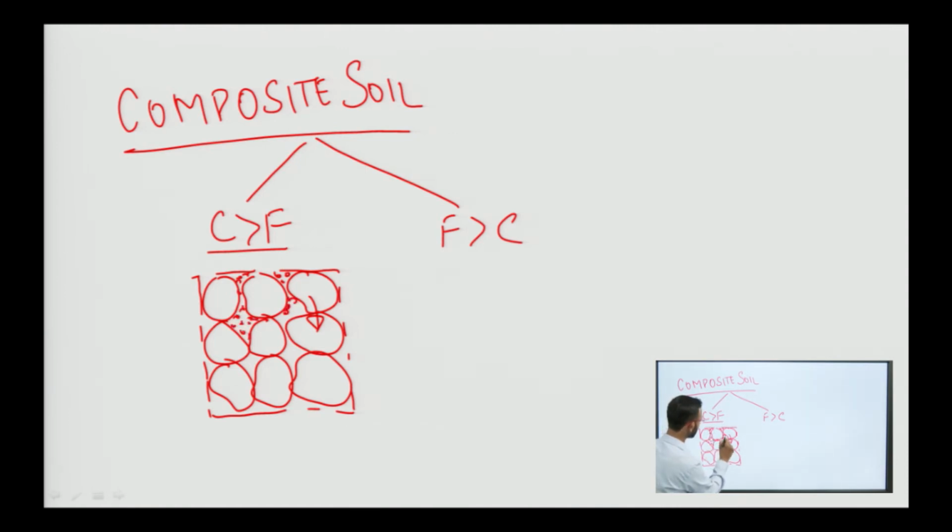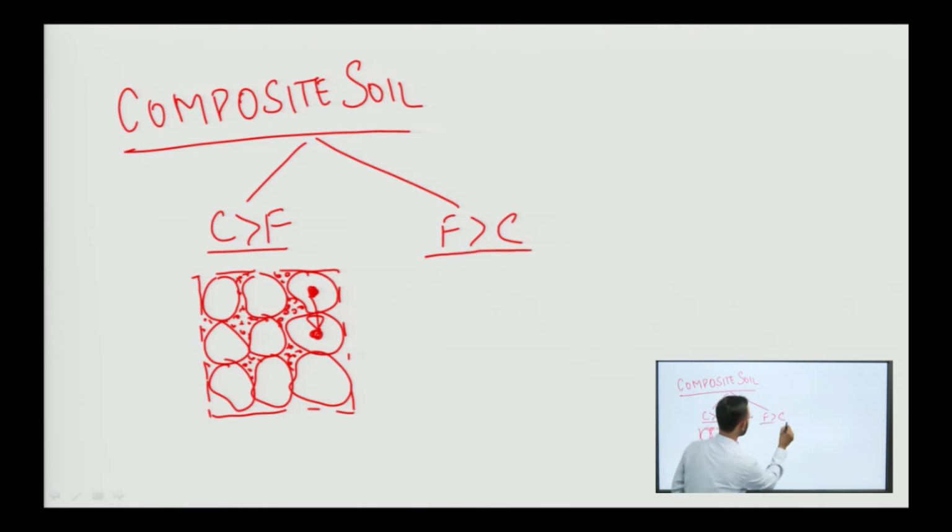Fine grained particles are filling the voids. The fine grained particles are much smaller in number. So the coarse grains will be in contact with each other and the fine grains will be occupying the void spaces in between them. So it will be a low compressible soil, because the force will be resisted by the coarse grains; the bigger particles occupy the spaces.